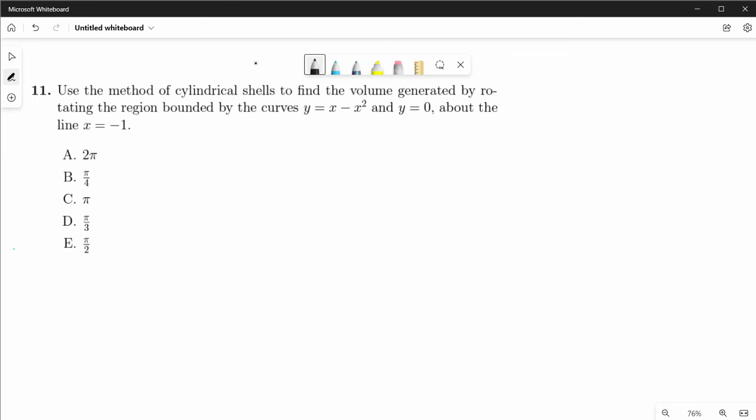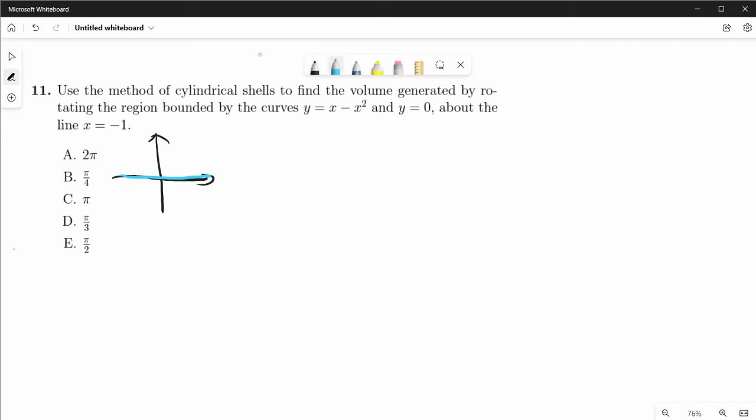For number 11, we're again given a few functions, and we're asked to use cylindrical shells to solve for the volume. So first, let's graph it. y equals 0 is just the x-axis.